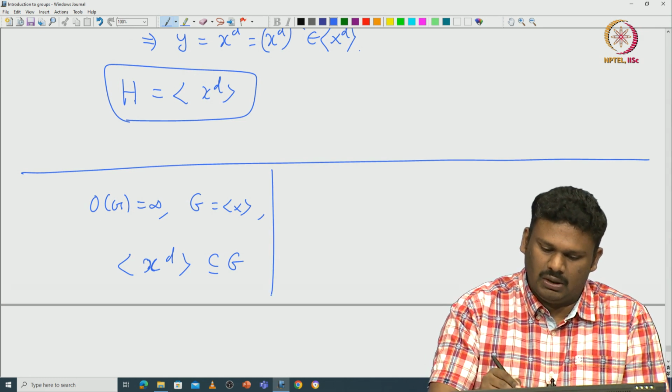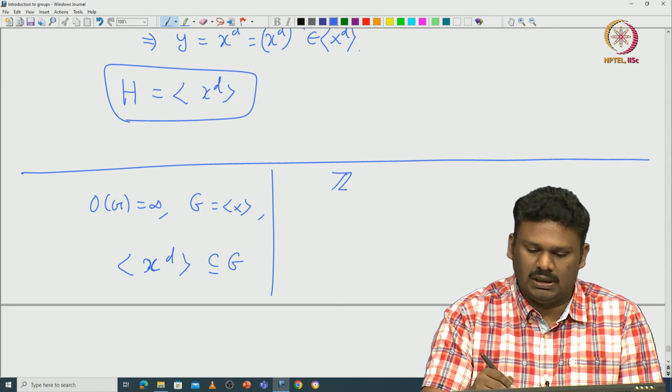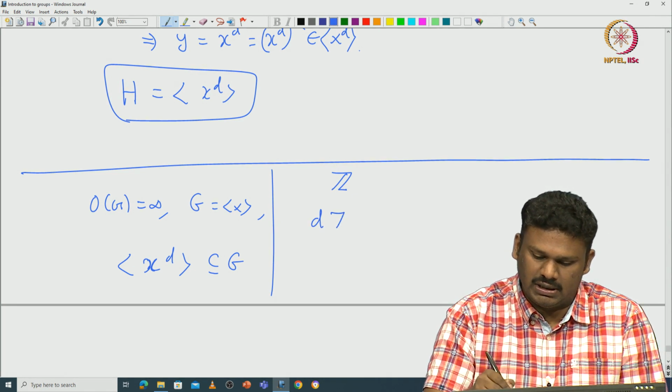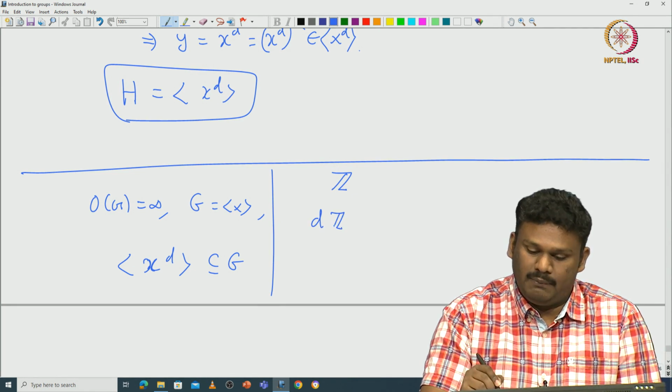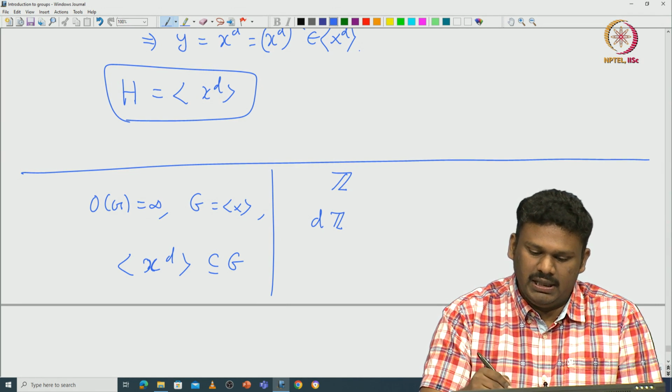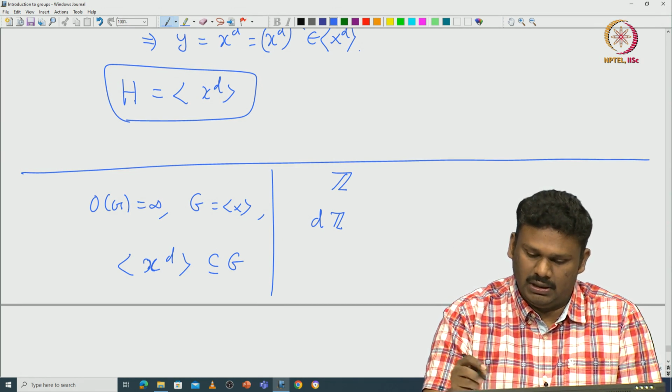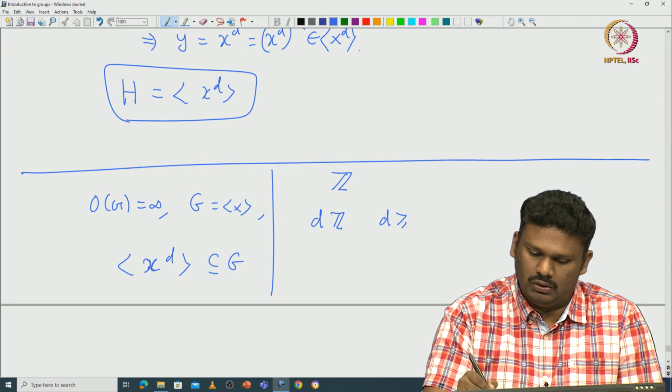Let us recall what we have done in Z. The subgroups of Z look like dZ. By replacing D by minus D, we can assume D is non-negative, so D is greater than or equal to 0.